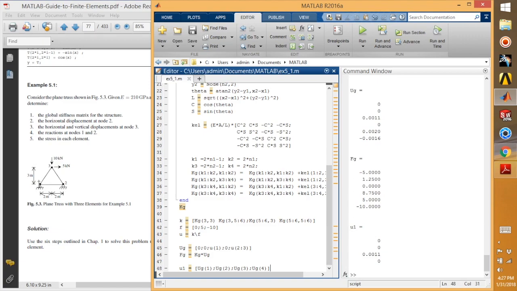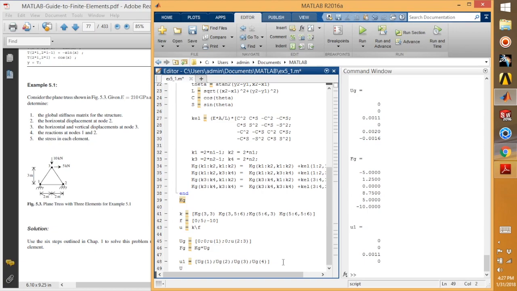Similarly, we can find the displacement for element 2. Element 2 is connected between 1 and 3, so UG of 1, UG of 2. Now this time for node 3 we are going to have UG of 5 and UG of 6, correct?